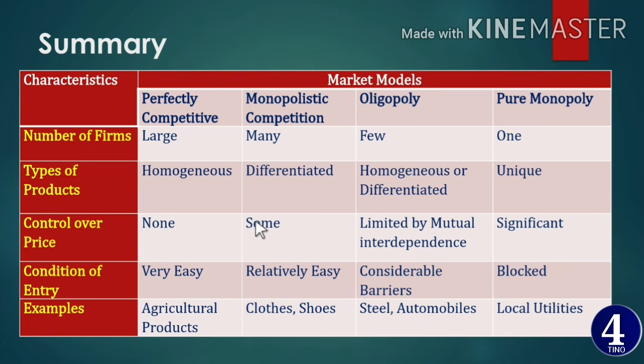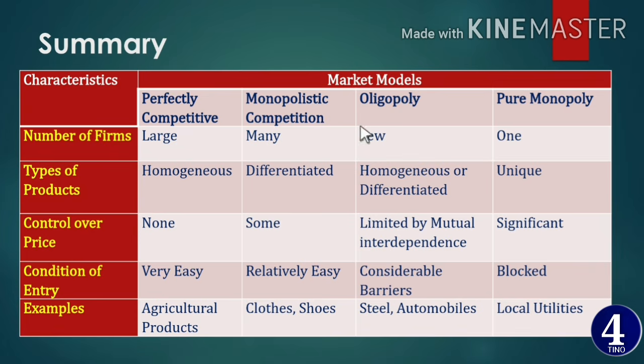Next, control over price. In a perfectly competitive market, nobody has the right to control the price, none. In a monopolistic competitive market, because of some degree of monopoly power, since firms sell differentiated products, there is some level of control over the price.